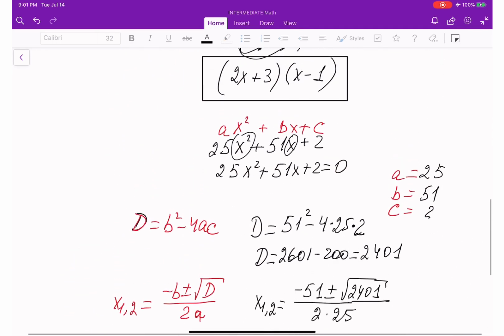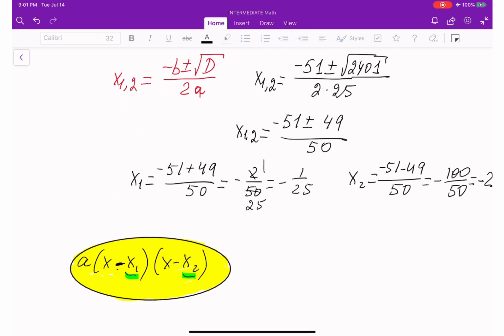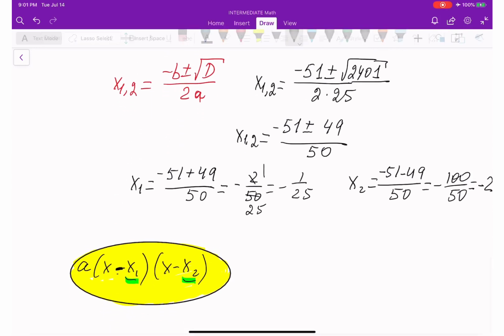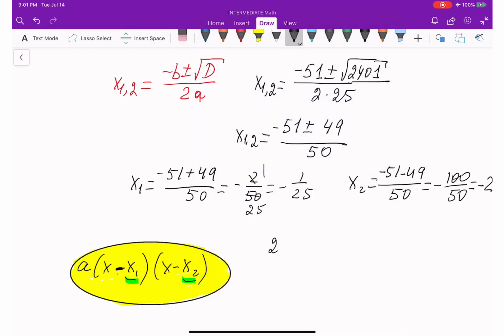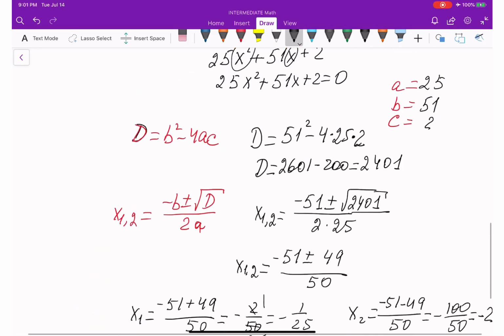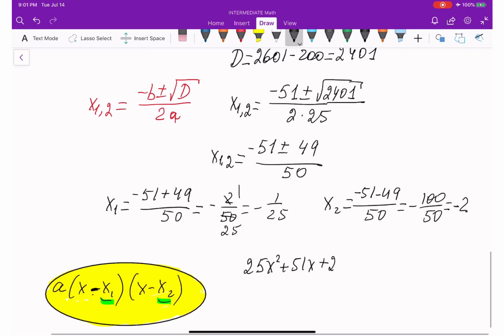To factor 25x squared plus 51x plus 2, is equal to a times (x minus x1) times (x minus x2).